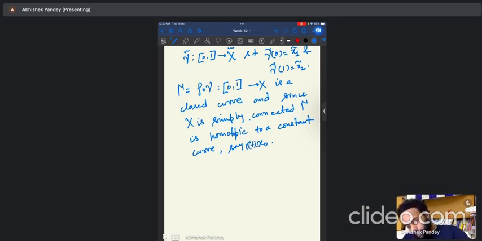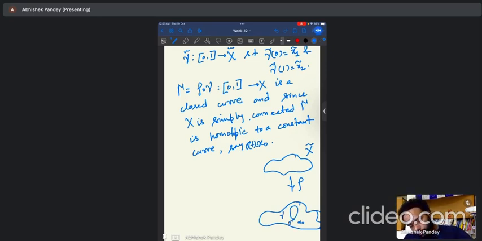So this is your x tilde, this is your rho, and this is your x. And this is your x naught, and this is your curve gamma, and let us say this is your curve sigma. Or we can also write this so that we don't have to use that much notation.